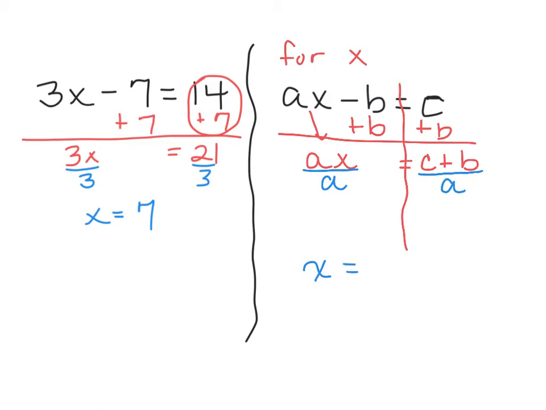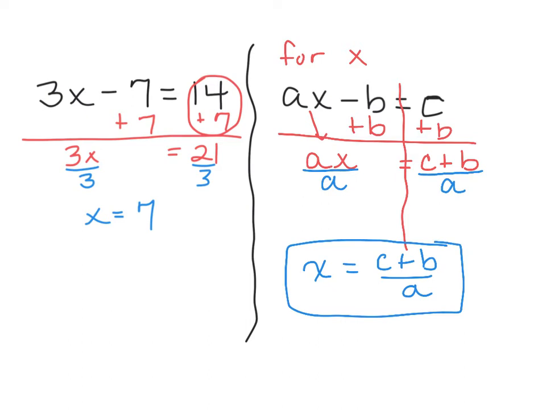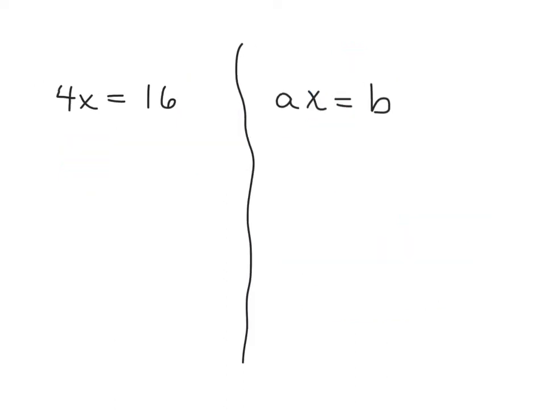It's this combination of c's and b's and a's. So these take a little bit of getting used to because our answer is not a number. Sometimes it's just variables, and that's okay. These are called literal equations, or there's a formula, and we're rearranging that formula to make x kind of the subject of the sentence. Let's try a few more.